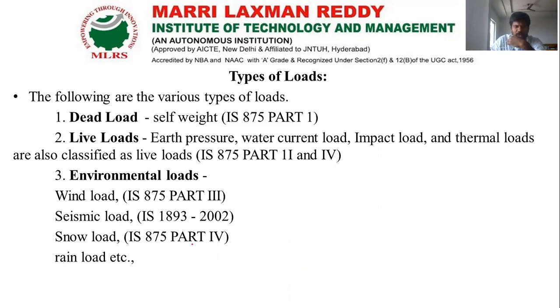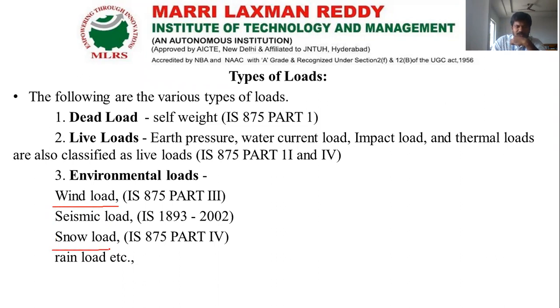Next, environmental load. Environmental load is nothing but based on the environmental condition. Since we are in India, we can have wind loads based on location, seismic load based on the earthquake zone, and snow load.